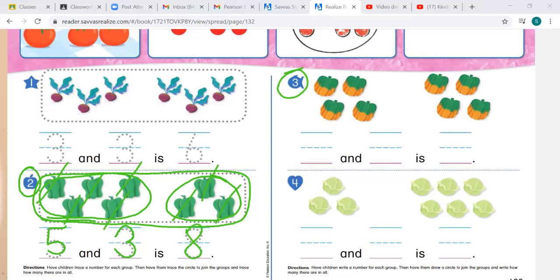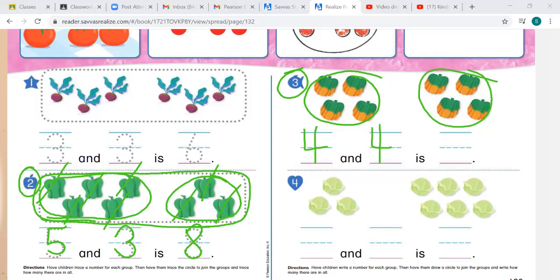Number 3, we have 4. Are these peppers? They look like peppers. We have 4 peppers in one group, and we have 4 more peppers in another group. How many peppers in all? Well, let's write down our numbers. 4 peppers, and then we have 4 more peppers.